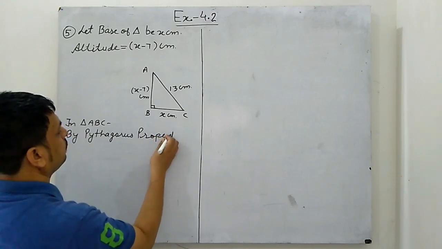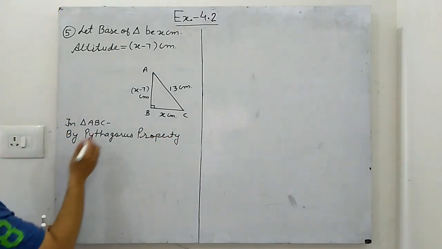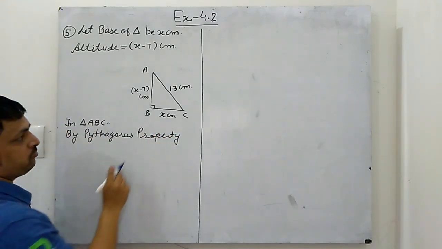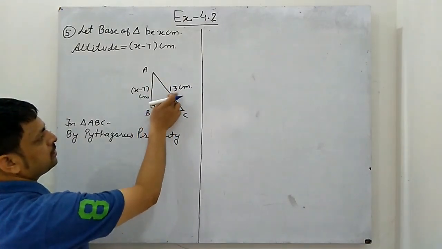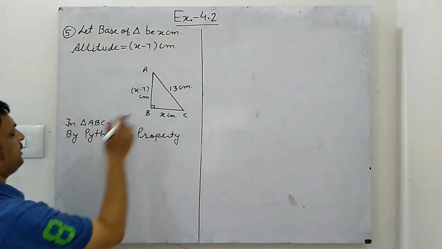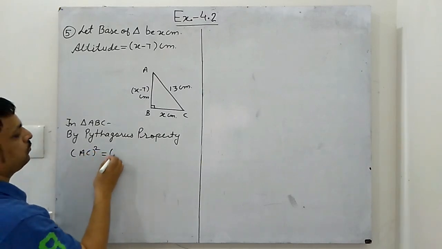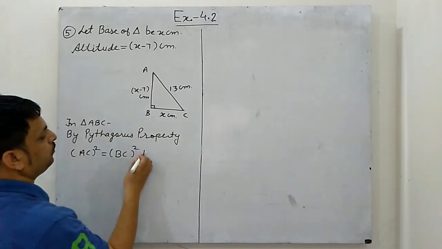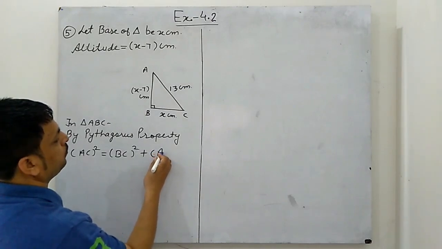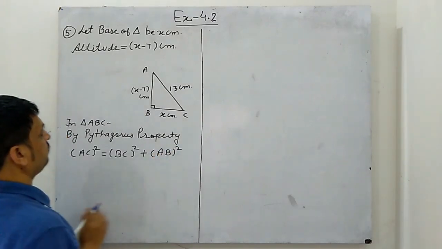or theorem, we can say hypotenuse square. Hypotenuse is the side opposite to the right angle, that is AC. So AC square will be equal to base square plus perpendicular square, AB square.